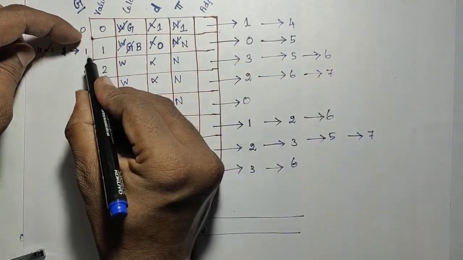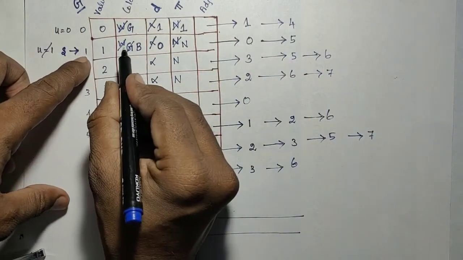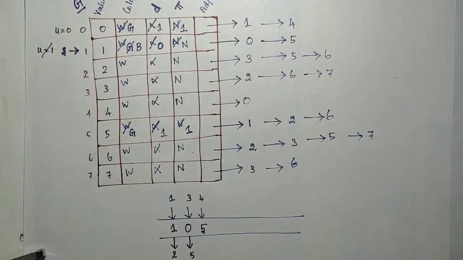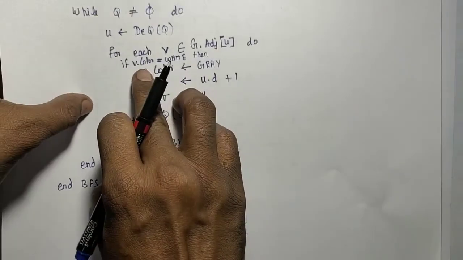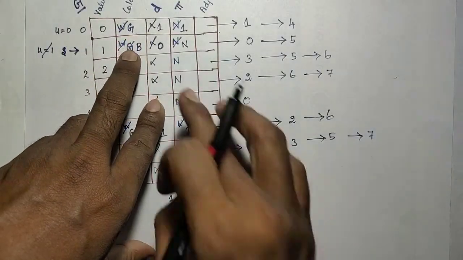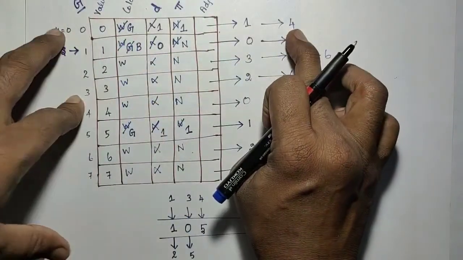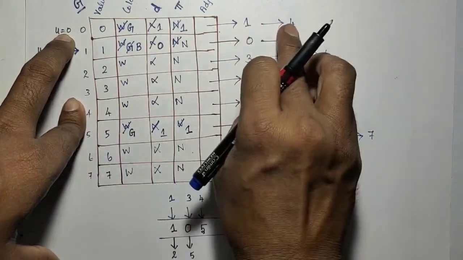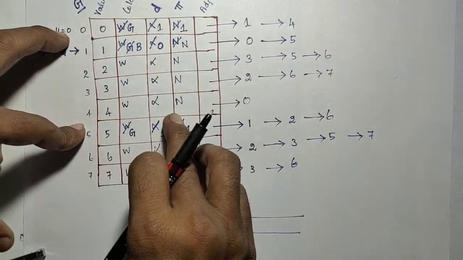Come to that 1. Whether it is visited or not, we have to check. Then only we have to do. If it is already visited, just skip and go for the next one. So for the 0th node U, 1 is already visited, go for the 4, and 4 is not visited.